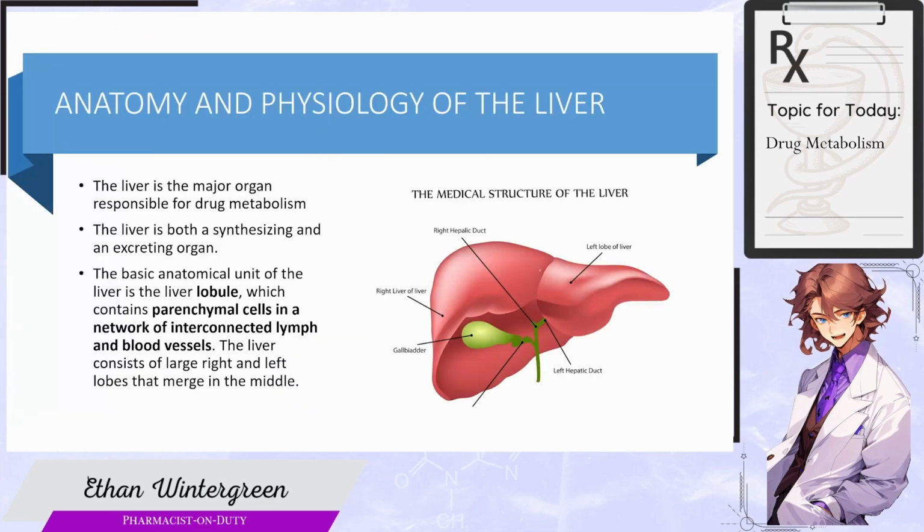In terms of physiology and anatomy, the liver is the major organ. It is both a synthesizing and excreting organ, and the basic anatomical unit of the liver is the lobule, which contains a network of interconnected lymph nodes and blood vessels, also containing your parenchymal cells.